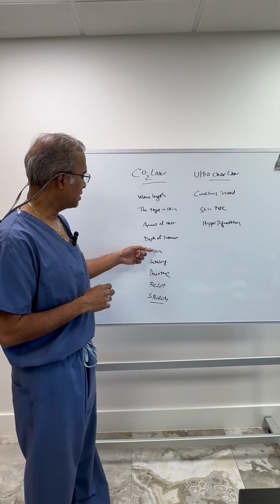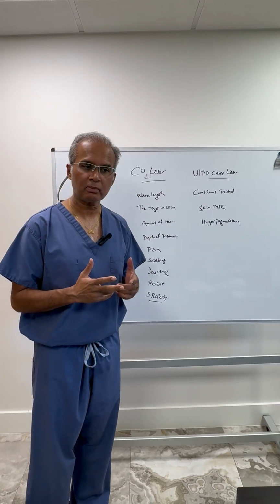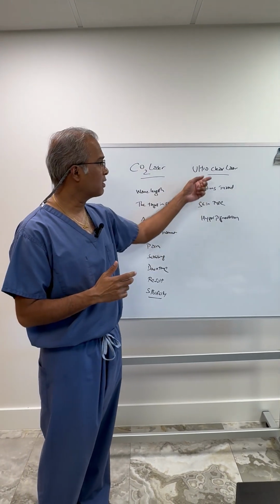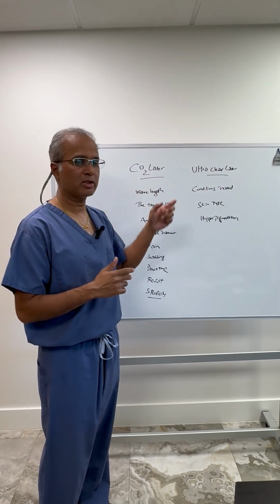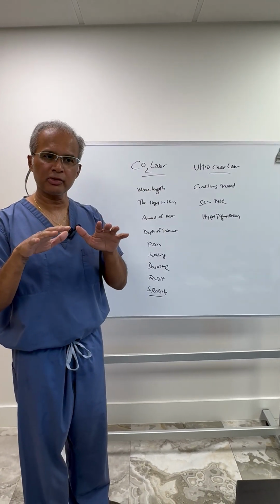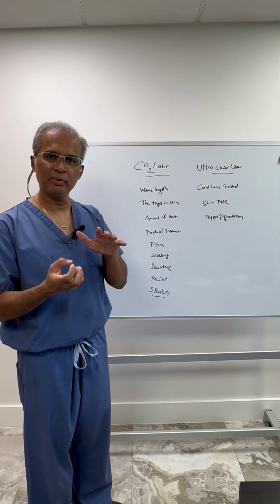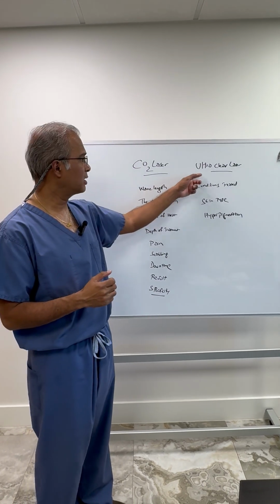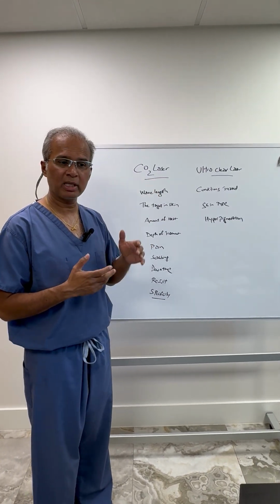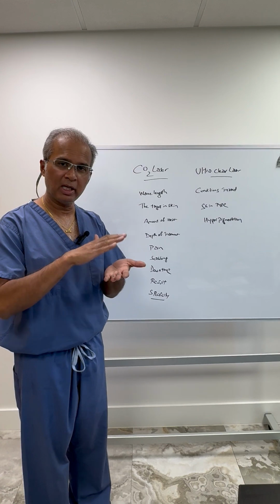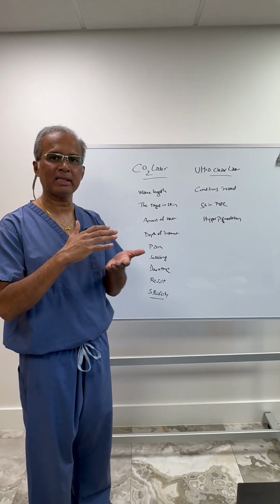So that's one of the reasons. And therefore, the depth of treatment is more versatile with this than the CO2 laser, because without injuring the surface too much, you can treat the deeper surfaces very specifically with the UltraClear, but not so much with the CO2 because, as I said, CO2 goes layer by layer by layer. You cannot bypass that so much.